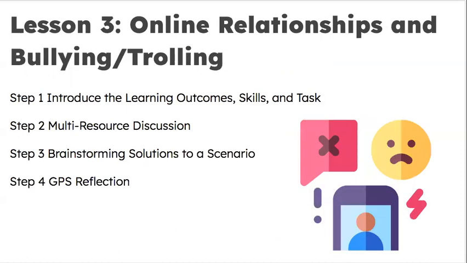Lesson 3, we're going to get into online relationships and bullying and trolling, things that can be very problematic in the esports space. During this lesson, we're going to have a chance to dig into multiple resources that help us understand the problems associated with this, and especially how it's impacting the esports space.